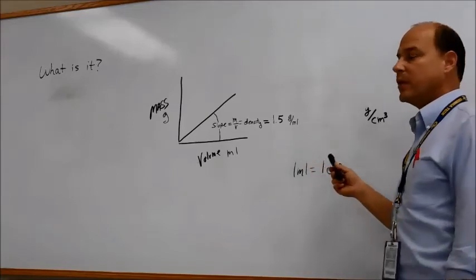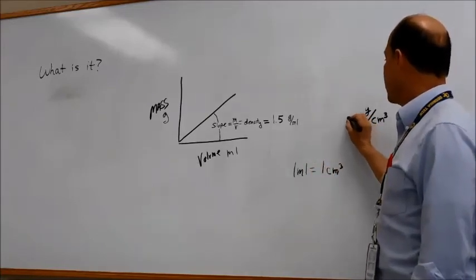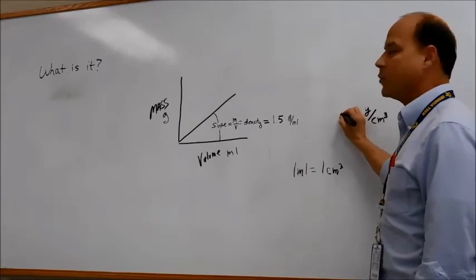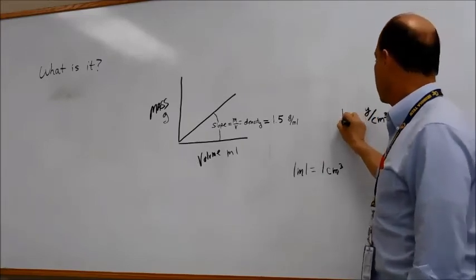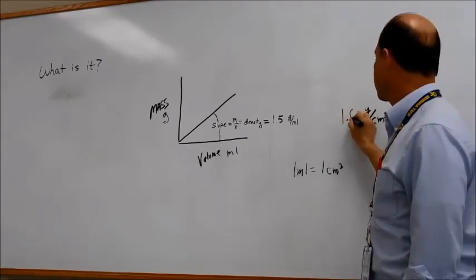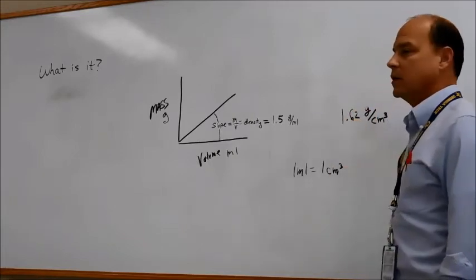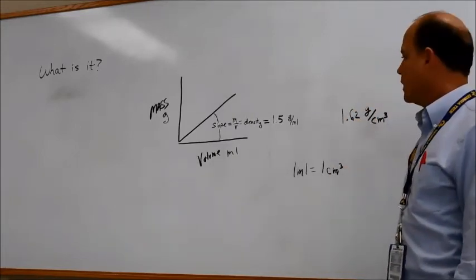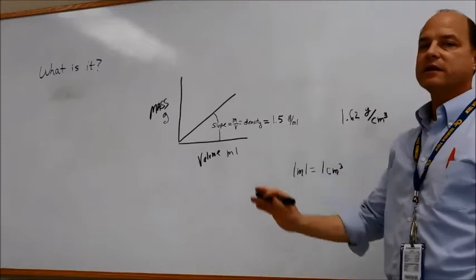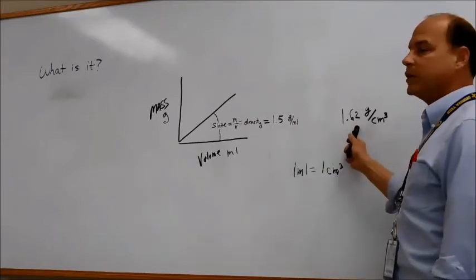Let's just say you looked up on the internet and you found a value for Play-Doh as 1.62 grams per centimeter cubed. And of all the densities that you found for clay, that one was the closest.